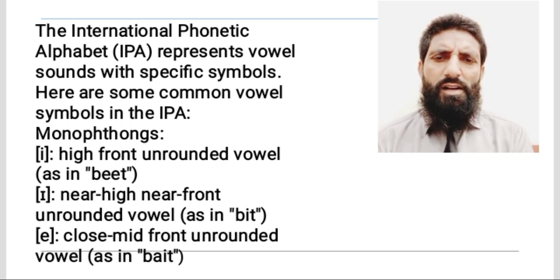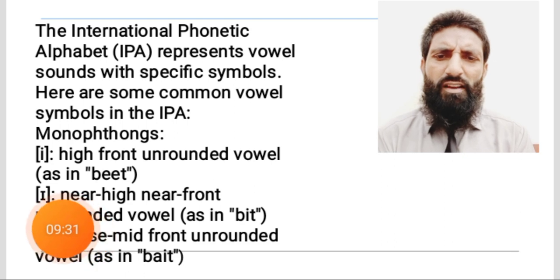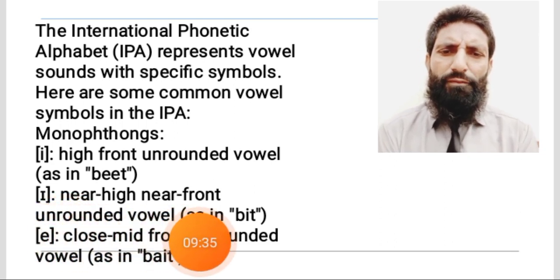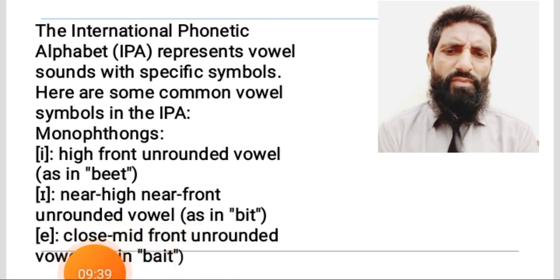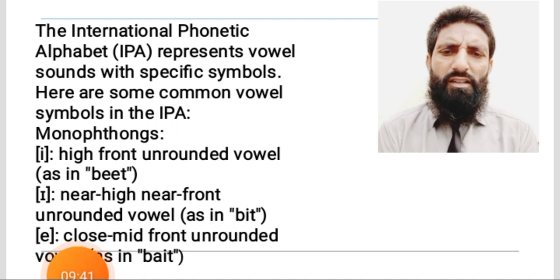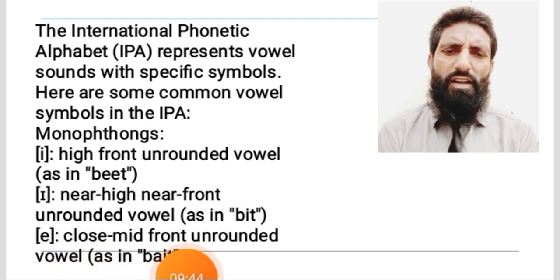Monophthongs: the high front unrounded vowel, as in beat. The second IPA symbol is the near-high, near-front unrounded vowel, as in bit. And this is the third symbol: the close-mid front unrounded vowel.